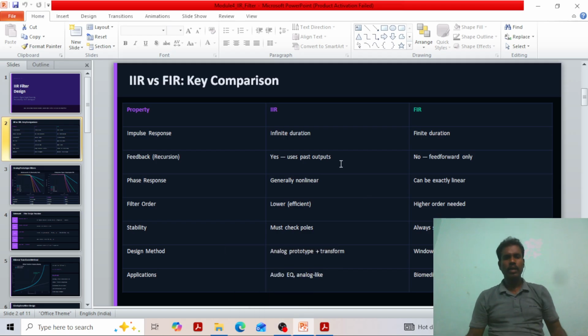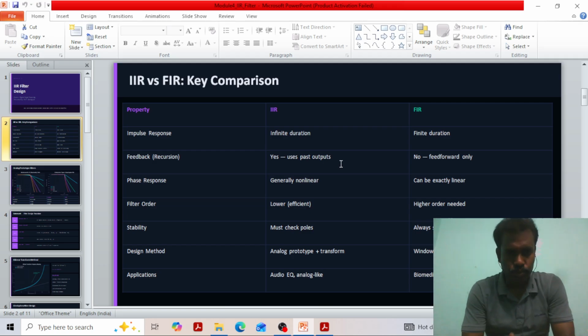And IIR is a recursive system. IIR filters are recursive filters, but FIR is not a recursive filter. That means there is no feedback in FIR, but in IIR there is feedback. That's why it is called a recursive filter. FIR is a non-recursive filter.